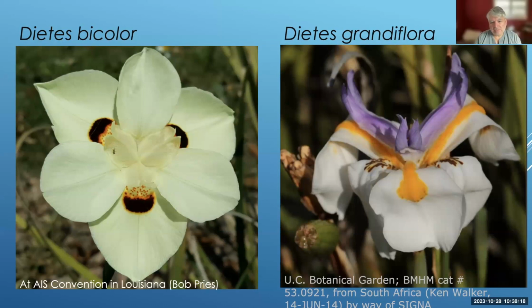Yeah, I would love to get pictures and names for the different crosses of these Dietes, just because it would be nice to know about them. And there really is no source on the internet that I can find for pictures of the different hybrids. So these are 2 of the species. And they do vary somewhat. Next slide.